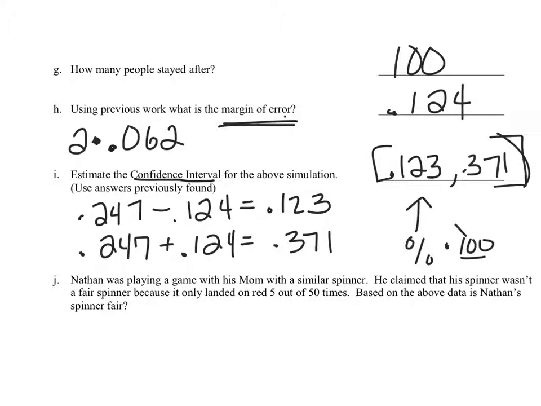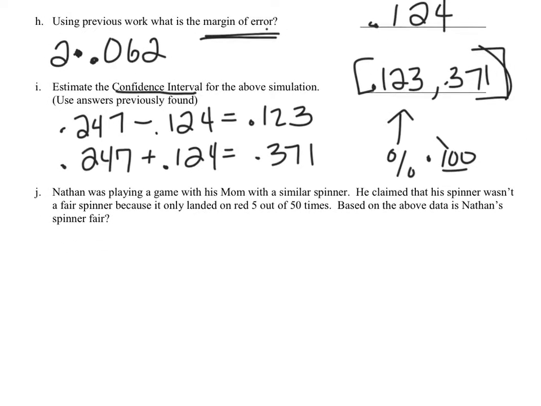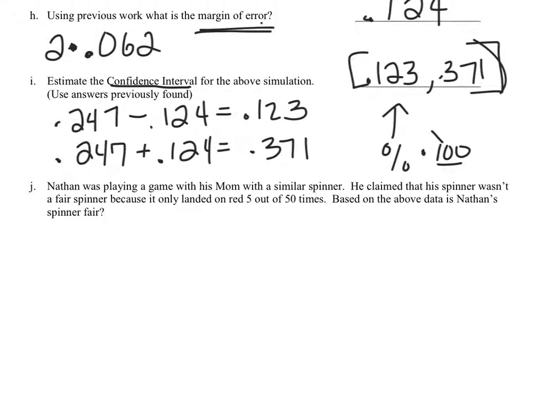So this question down here says, Nathan was playing a game with his mom with a similar spinner. He claims that his spinner wasn't fair because he only got red 5 out of 50 times. So the problem is, was Nathan's spinner fair? He's upset. He thinks he should have won.